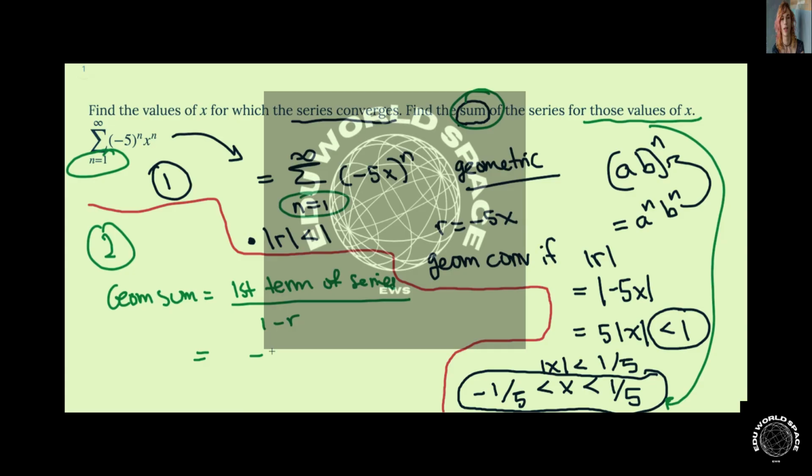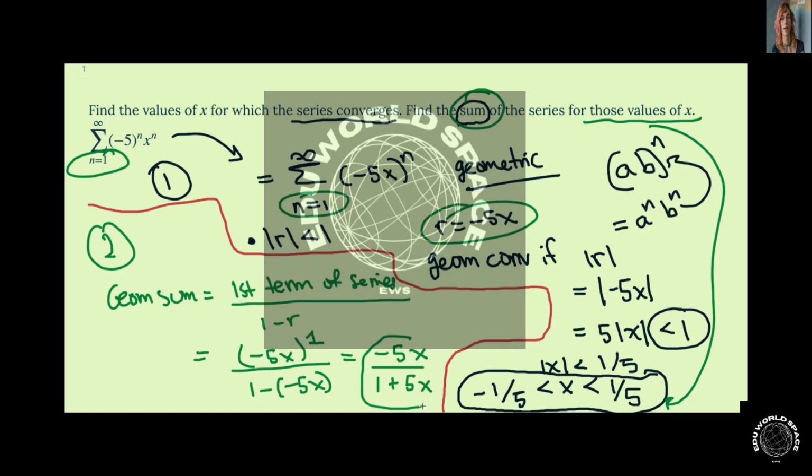So we have negative 5x to the 1 power up top, over 1 minus r, but r was negative 5x. So we just have negative 5x in the numerator, and then 1 plus 5x in the denominator.